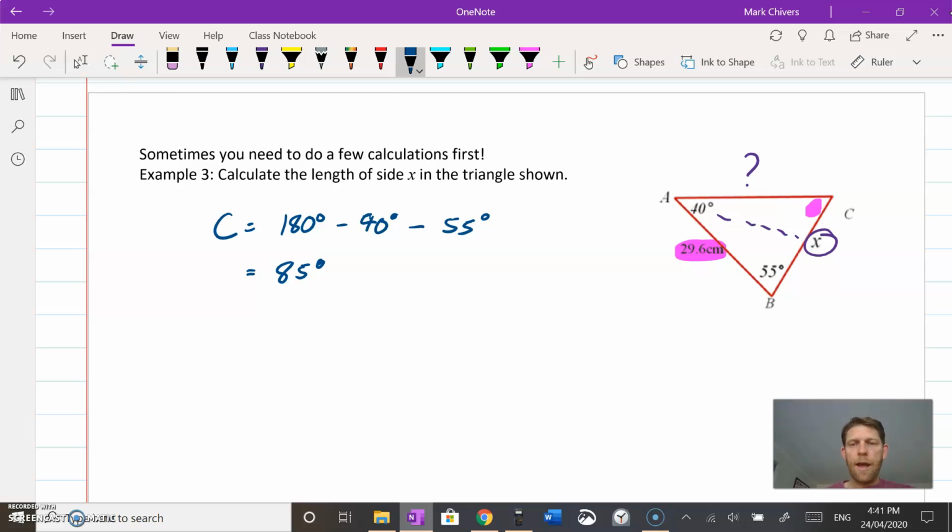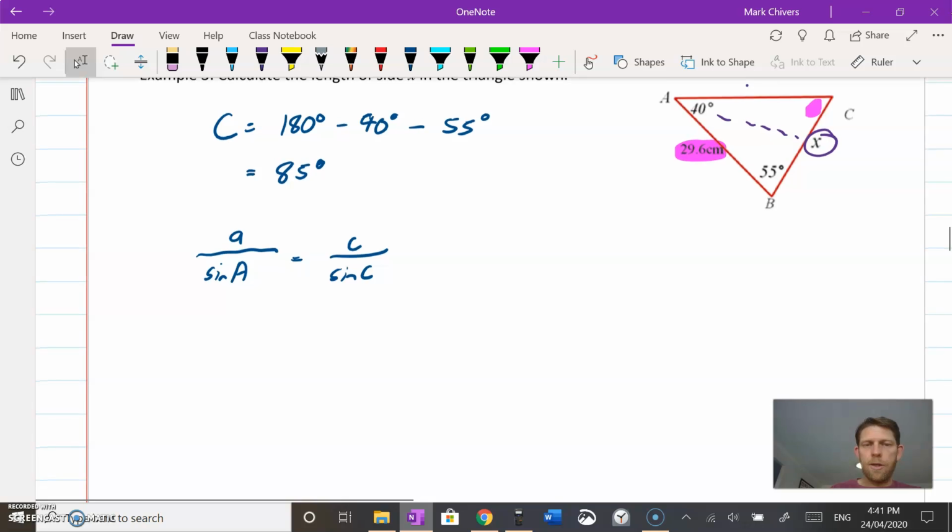So now that we know that, now we can start to use the sine rule. So we just write that sine rule out. Now in this case, we want to have the angle A, the one that we want, put first, and that's going to equal C over sine C. So we just substitute in what we know.